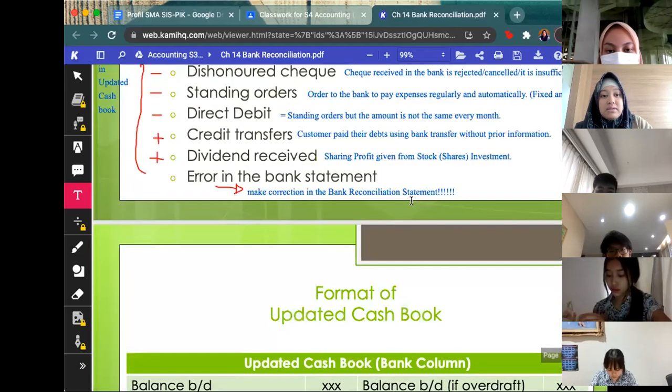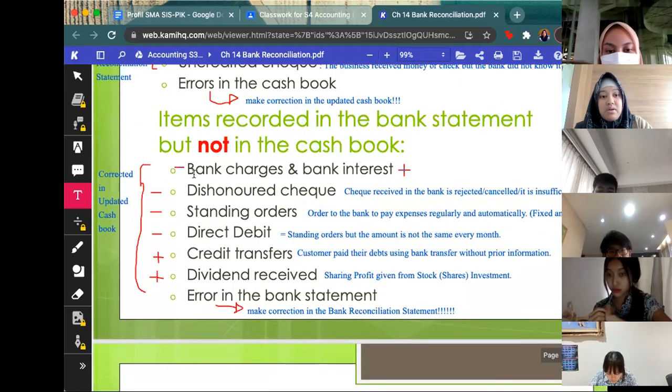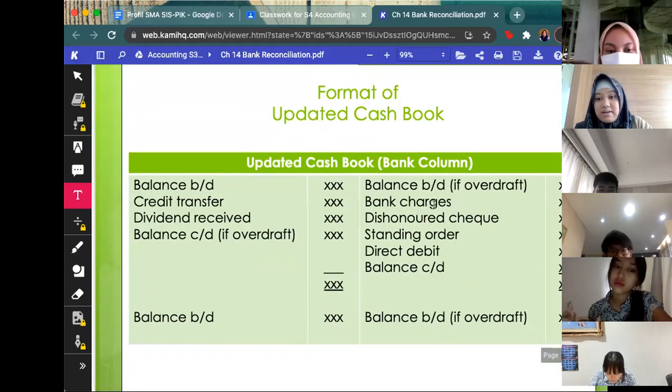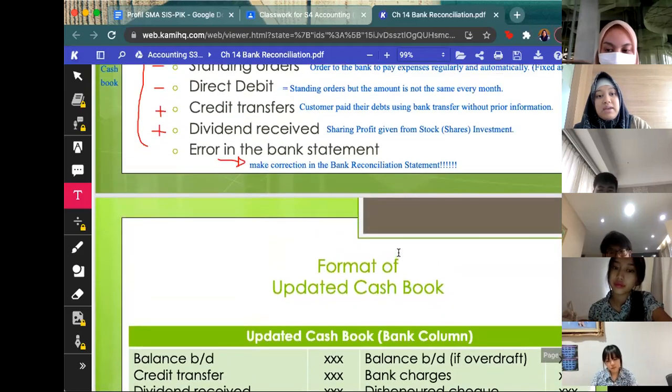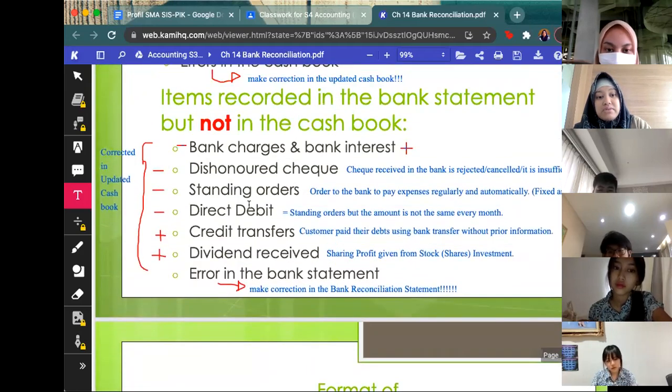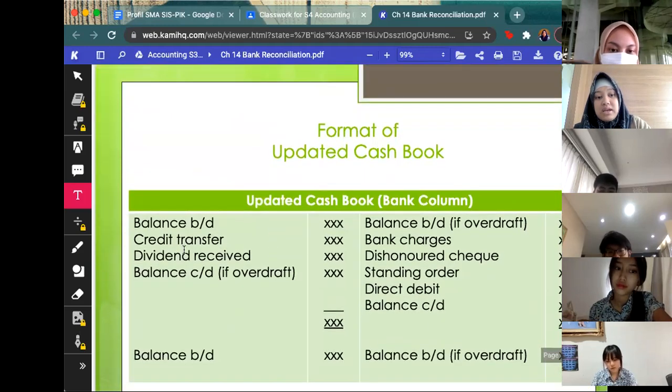Now, let's take this one. All the deducting items will be recorded on the credit side because they deduct money. So the bank column's deducted area is the credit side: bank charges, dishonored cheque, standing order, and direct debit. And then bank interest, credit transfers, and dividend received go here on the debit side.